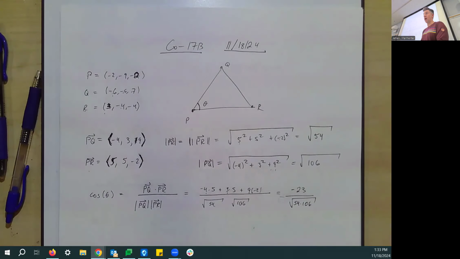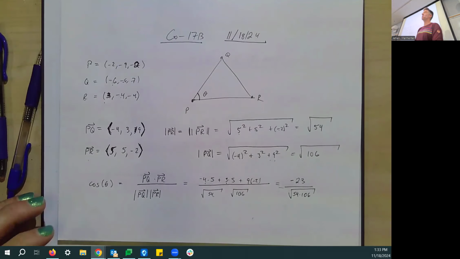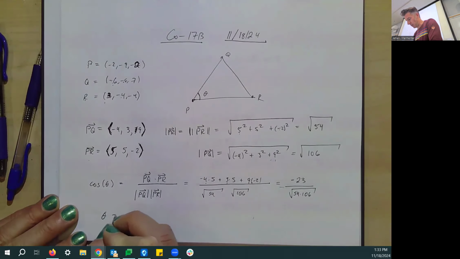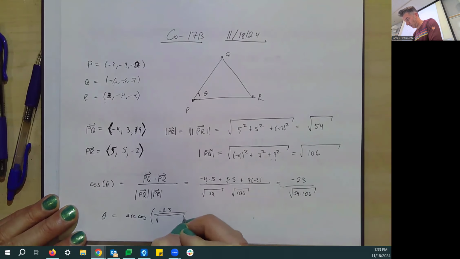Yeesh. It's not lovely. So then the way you find the angle is by using a calculator. Or if this is a WebWork problem, in WebWork you can type in theta equal to the inverse cosine or the arc cosine of negative 23 over the square root of 54 times 106.